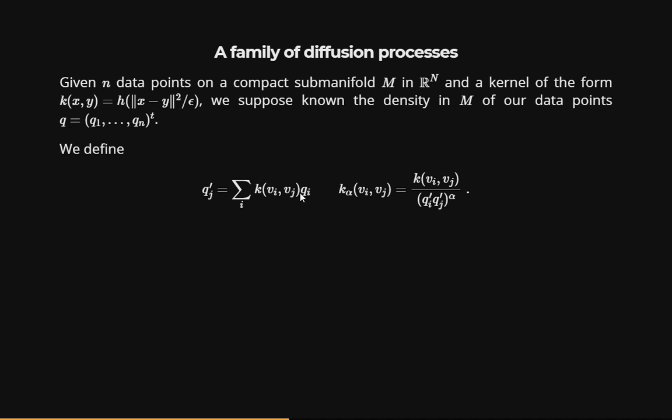We use this density as a measure on our space, and so we define a new density Q prime, which is a construction very similar to the degree matrix we saw before, and then a new kernel, K alpha, which is K over the two densities Q prime to the alpha.